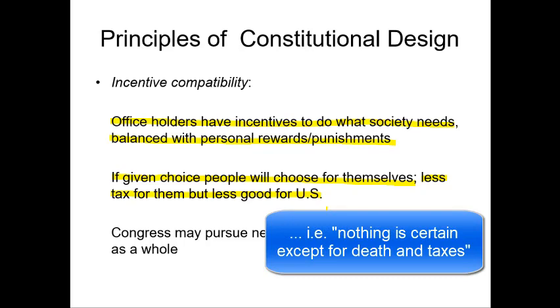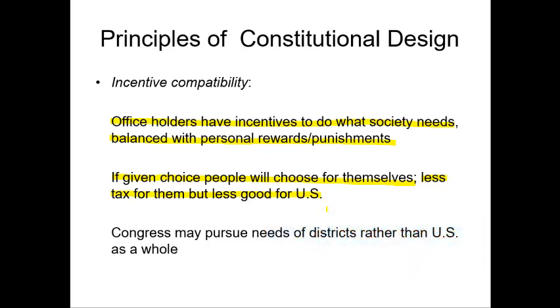But if we leave people to choose for themselves, they will obviously choose to give less tax, but of course that would be less good for the overall system of our society and public goods and needs of the people. Congress, this is an interesting dilemma that congressmen find themselves in.